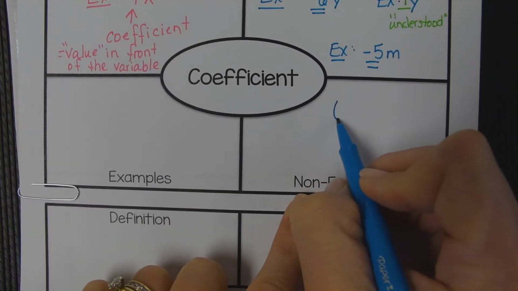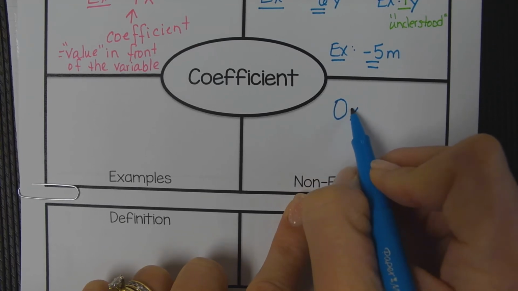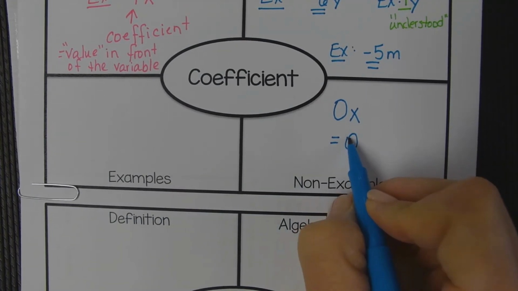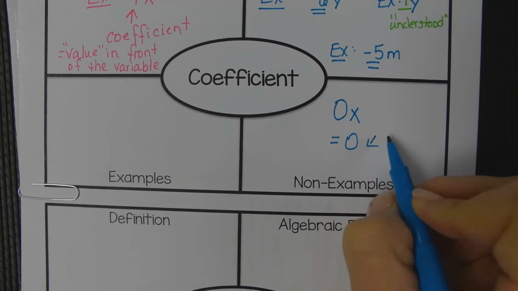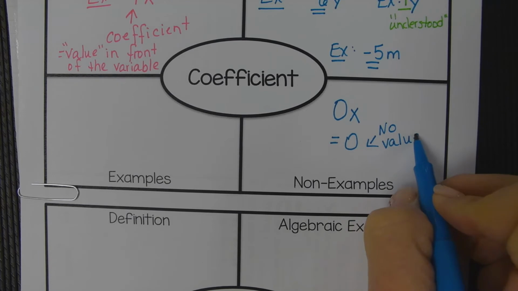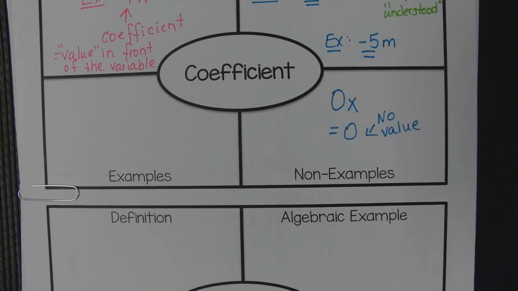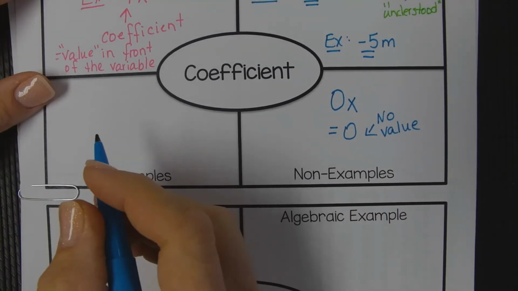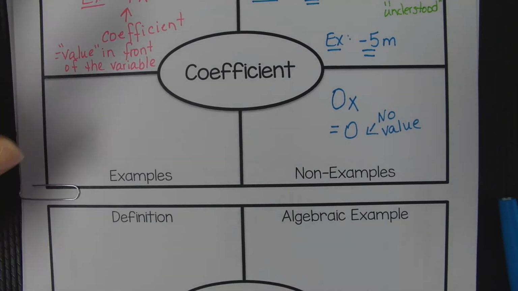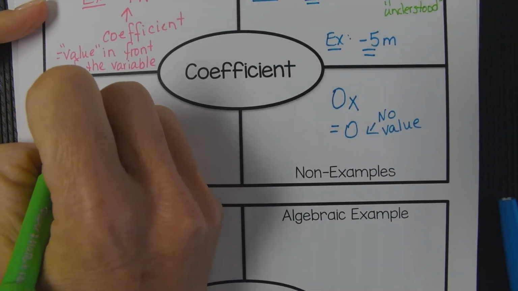Non-examples, really the main one is this right here. 0x is simply what, Anna? 0. That is not a coefficient. No value. And a more in-depth example.